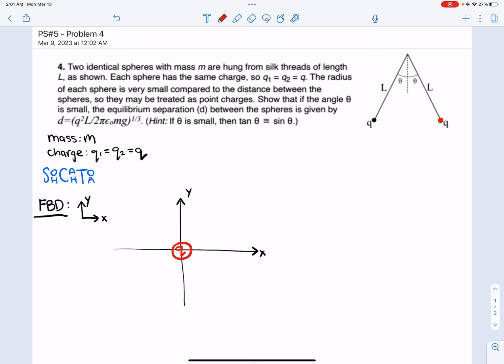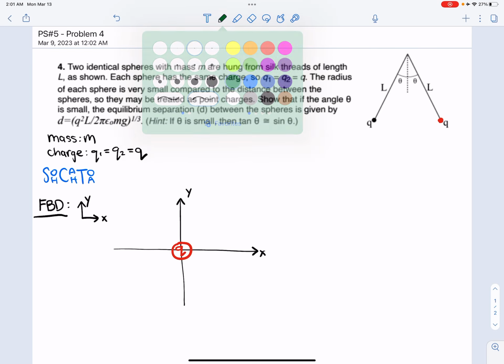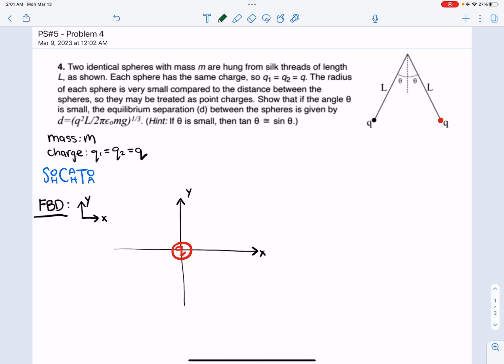That's the sphere. So what forces am I going to have? I'm going to have tension that goes this way. I'm going to have mass times gravity that points down this way. So mg, tension. And what else do I have?